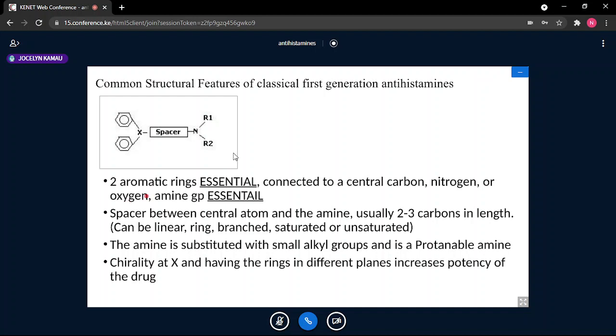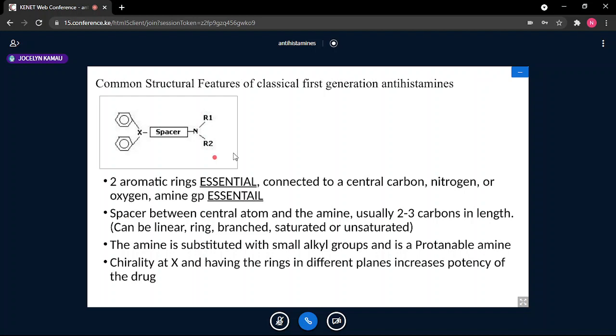So we are saying number 1, 2 aromatic rings are essential. They must be connected to a central carbon, nitrogen, or oxygen. You have the 2 aromatic rings, which must be connected to a central carbon, nitrogen, or oxygen.